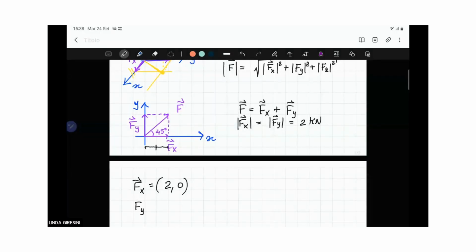And Fy has the x component 0 and the y component 2. So these two equations are the same as what is written here, because it's written that the magnitude of the two forces is 2 kilonewtons, right?